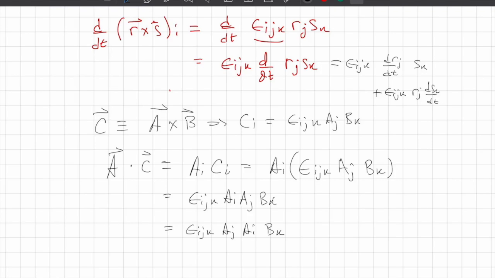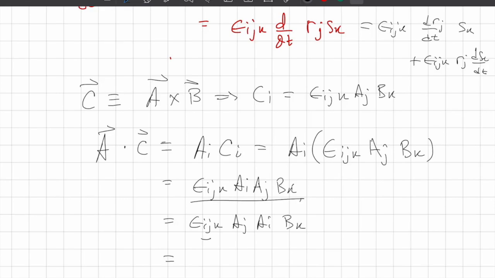Okay? Well, if I want to keep it looking like this one, I then have to swap the order of those two indices. And what do you get when you swap the i and the j? Right, so now you get negative epsilon jik A_j A_i B_k.